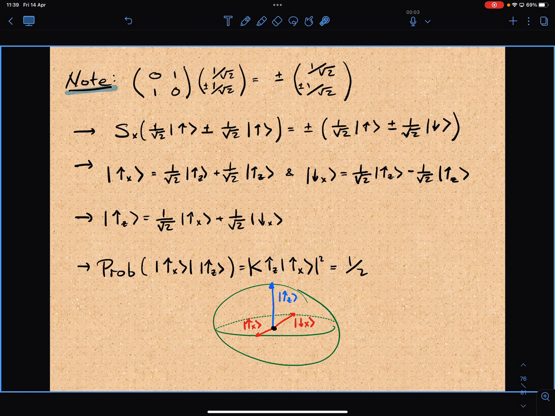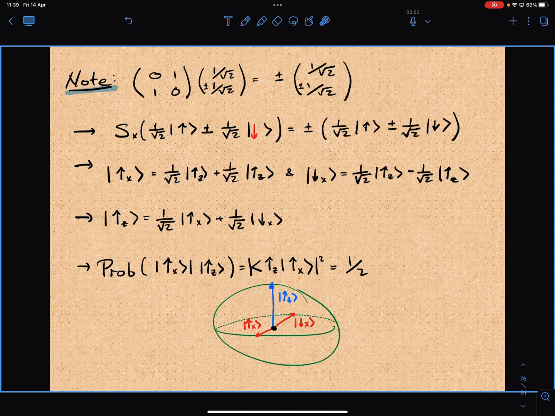So first I look at the spin in the x direction, which is given by this matrix, and I find the eigenvectors with the eigenvalues plus or minus 1, which means that if I apply the spin operator to these combinations of up and down spins, then I obtain an eigenvector.